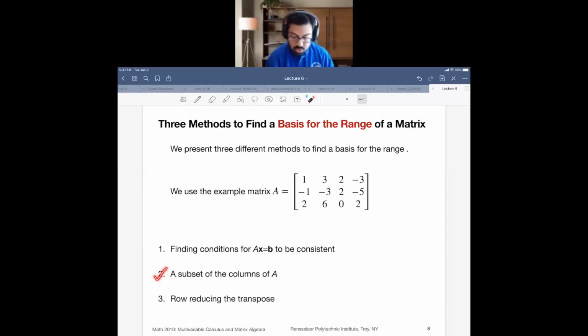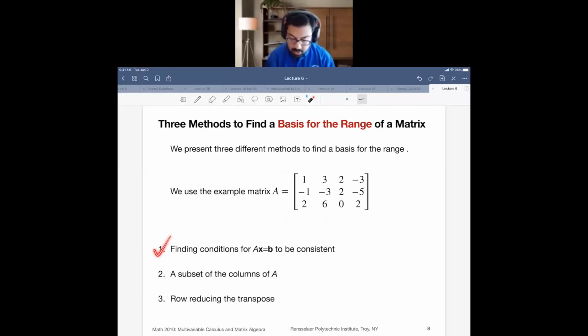The next one is to just look at some of the columns of A. Directly, you can get the basis for the range, but those columns correspond to the leading ones, and we'll take a look at that. And the last one, we will try to row reduce the transpose. Instead of reducing A, we'll try to reduce A transpose and look at the row space.